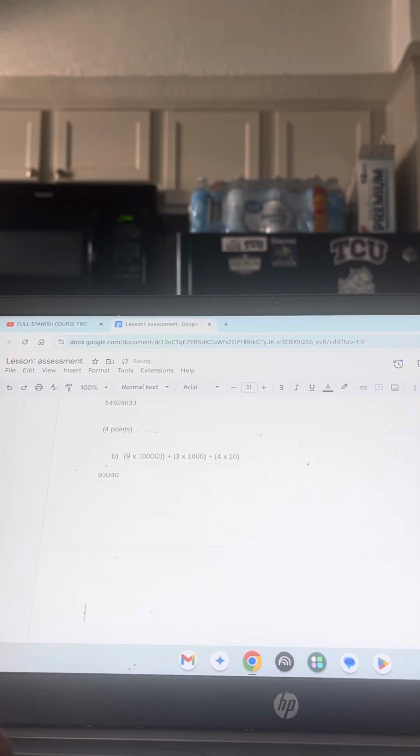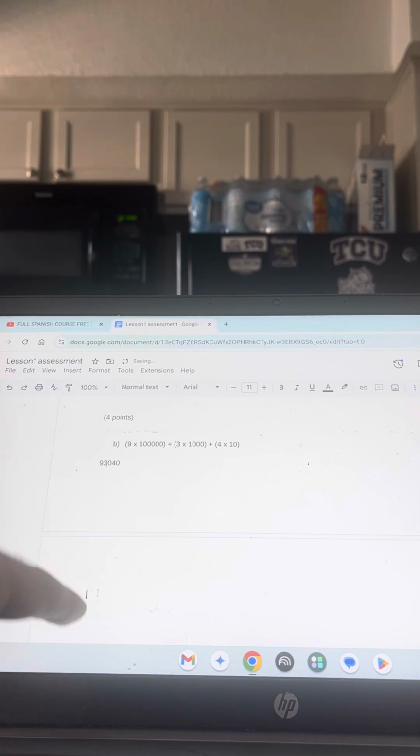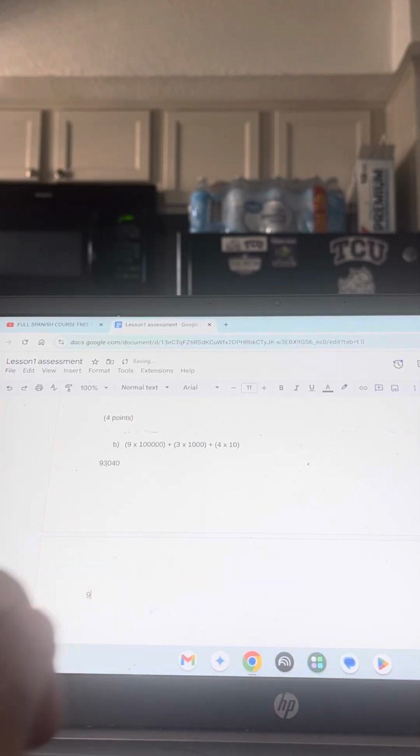Let's do this problem together. So, here, I'm just going to show my work right here. 9 times 100,000. So I'm going to put a 9. Now, what place value comes right below 100,000? 10,000 does, right? Do you see anything here being multiplied by 10,000 in this problem? We do not. So we assume that it's 0 times 10,000.